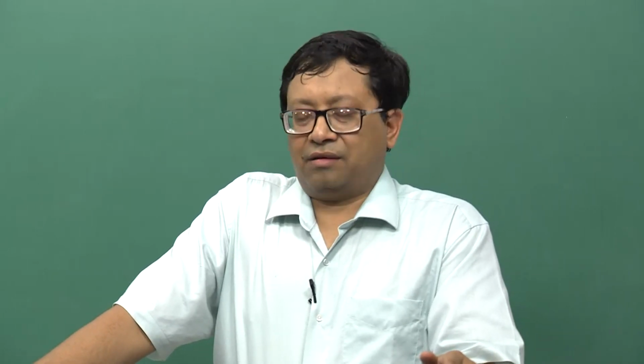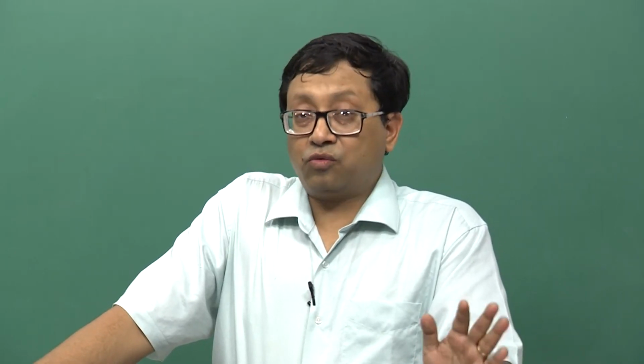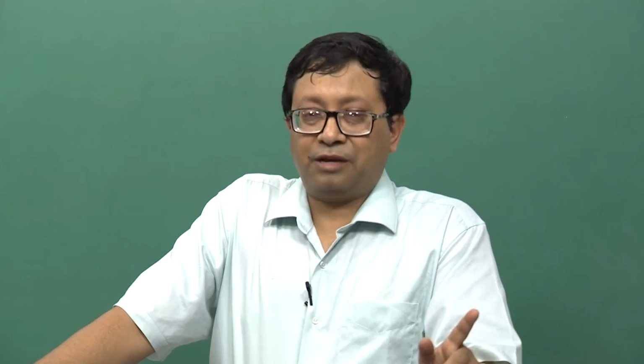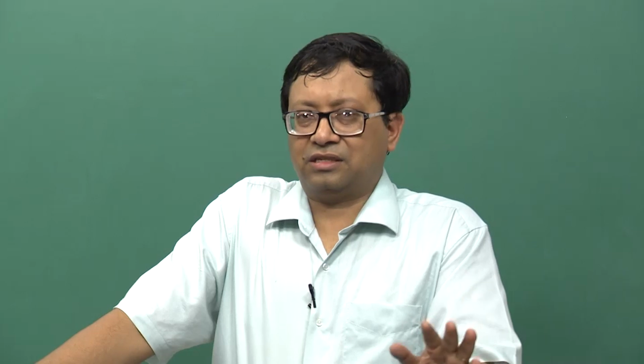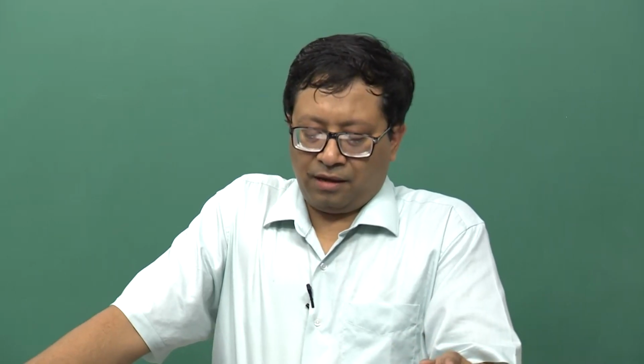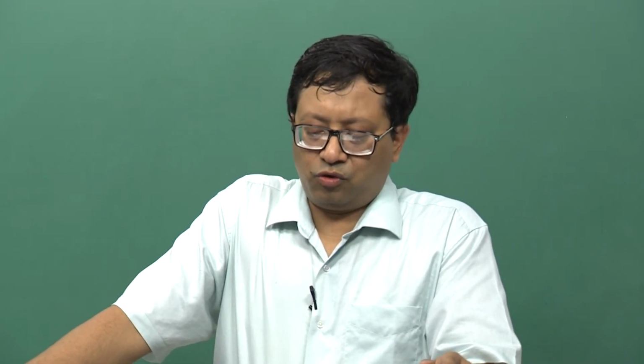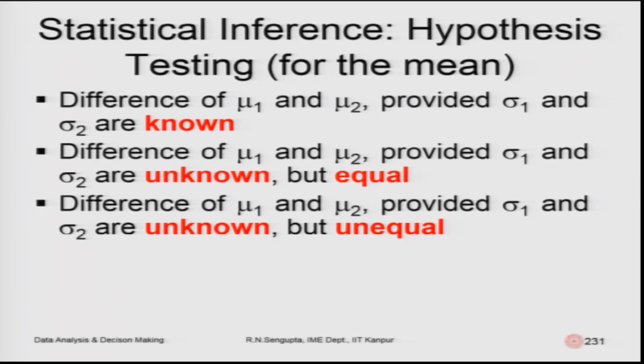Now, when it is not equal to, as I mentioned and am again repeating, it will be z alpha by 2 on the left hand side and z alpha by 2 on the right hand side. Next, the difference of mu 1 and mu 2 when sigma 1 and sigma 2 are unknown, but equal. Rest assured that if they are unknown, the word unknown should immediately strike.